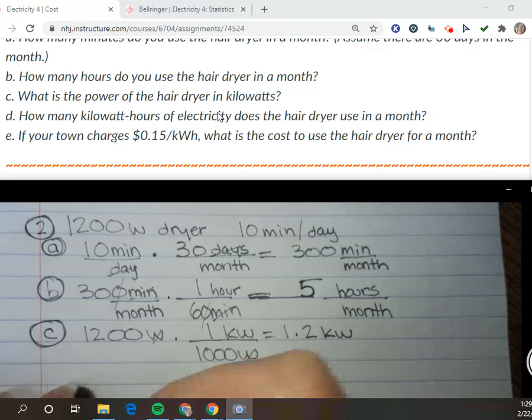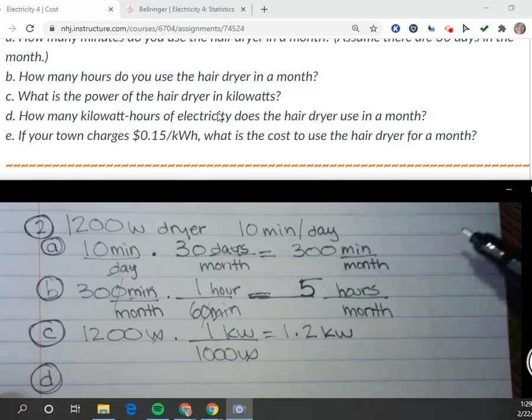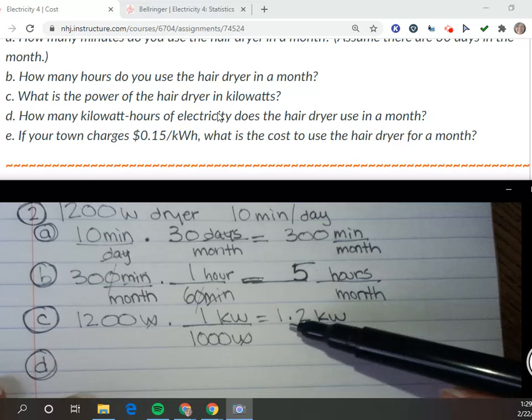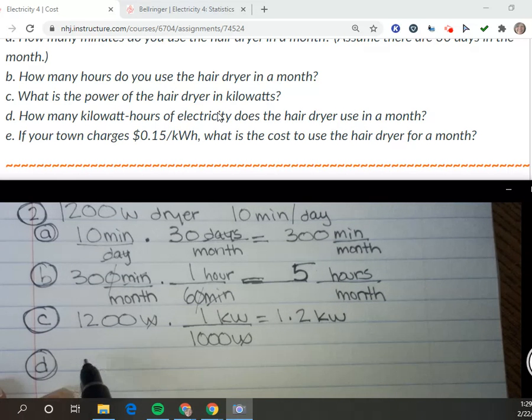All right. So you can kind of see where this is going. We're looking at our dryer and we're thinking, how much does it cost for me to use my hair dryer every month? All right. 1.2 kilowatts. D says how many kilowatt hours of electricity does the hair dryer use?